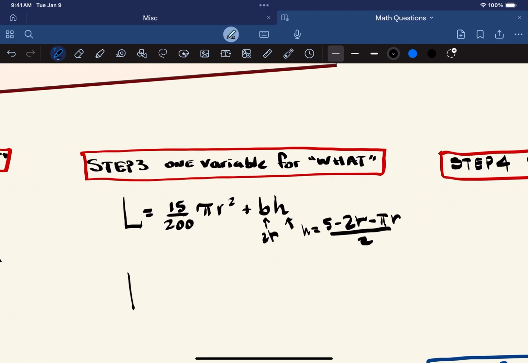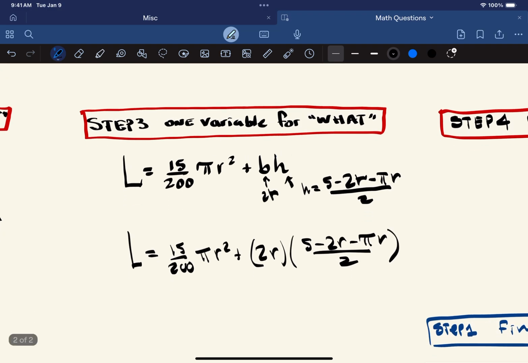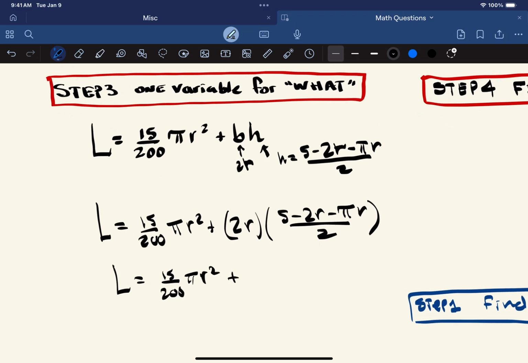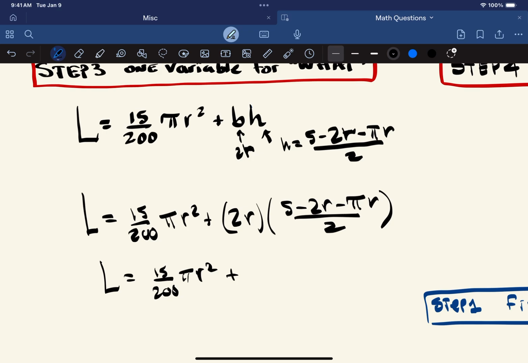So we get that the amount of light is equal to 15 over 200 pi r squared plus 2r times 5 minus 2r minus pi r, all over 2, which you can reduce just a little bit if you want to clean it up. 15 over 200, and I know you could simplify that, but I'm way too sexy to simplify.